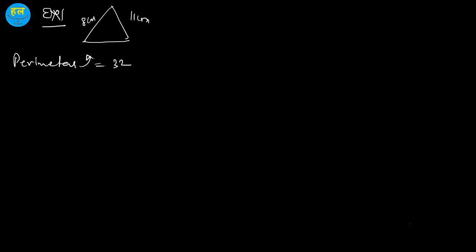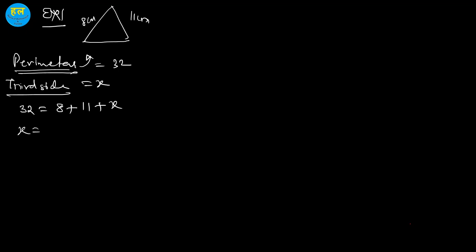So first, we'll find the third side. What will be the third side? We already know the perimeter of a triangle is equal to the sum of all sides. That means 32 is equal to 8 plus 11 plus, let us assume the third side is equal to x. So x will be 32 minus 19.